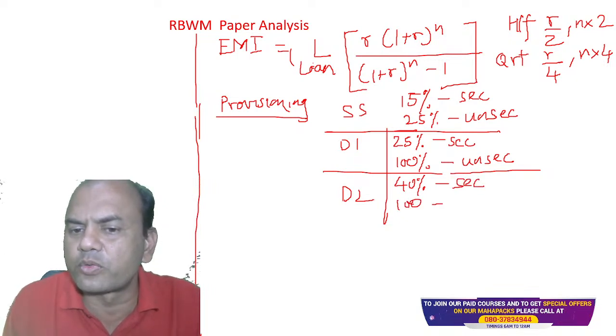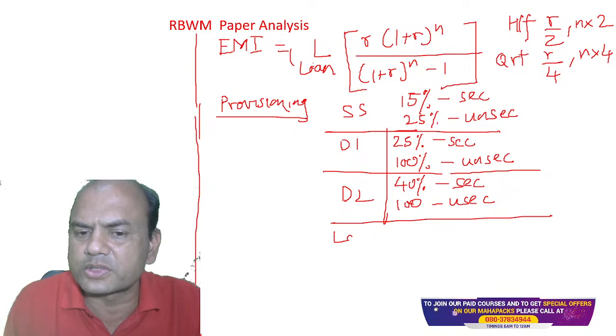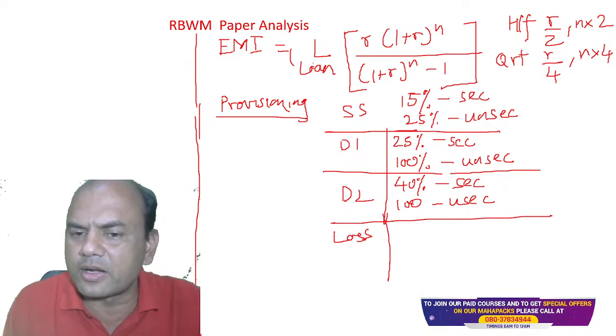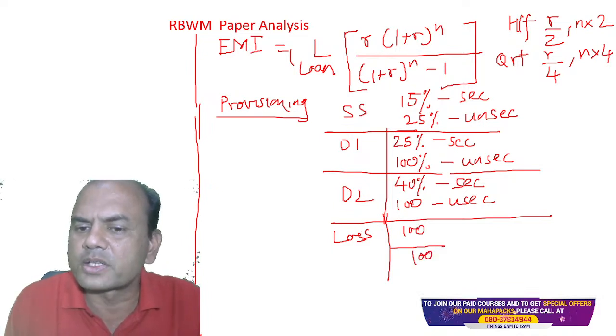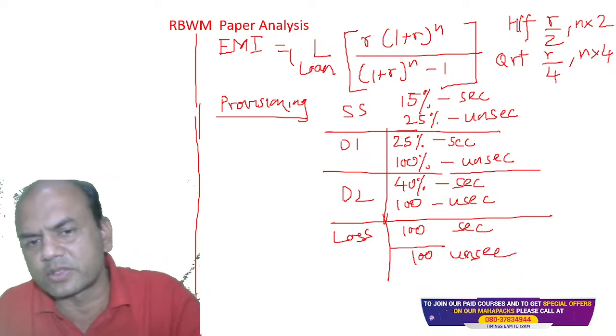Any doubtful unsecured is 100%. Remember this. And the last one is loss, or D3, some banks call it loss also. It means 100 and 100, both are 100, for secured as well as unsecured. There was one question on this also.